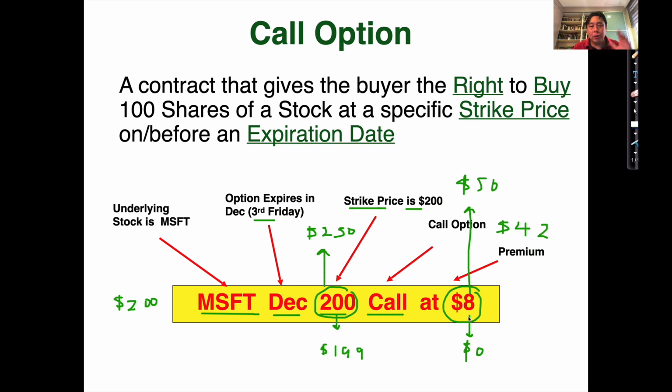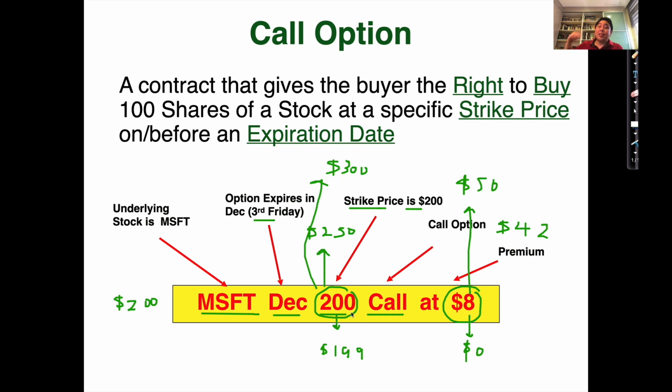What if Microsoft went from $200 to $300 by the expiration date? Are you happy again? Yes, you're happy. Why? Because once again, this option gives you the right to buy Microsoft shares at $200.